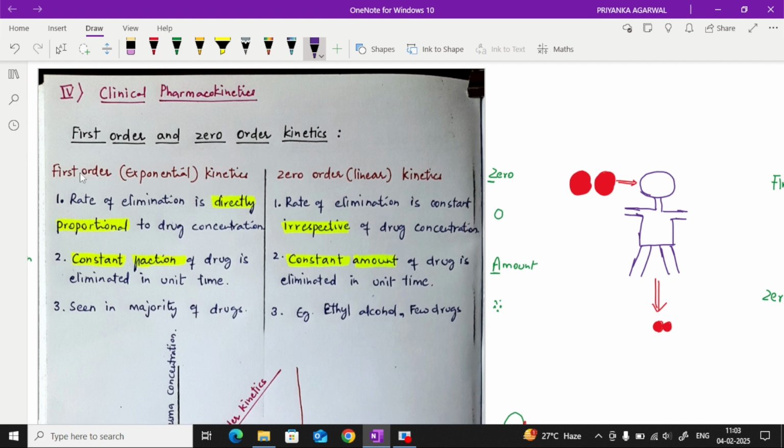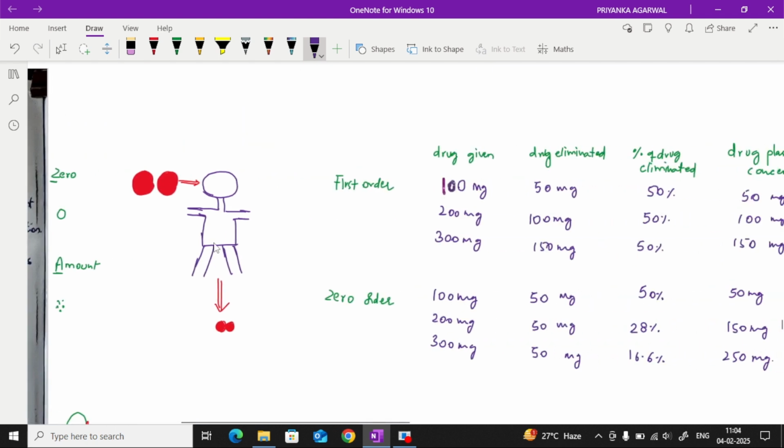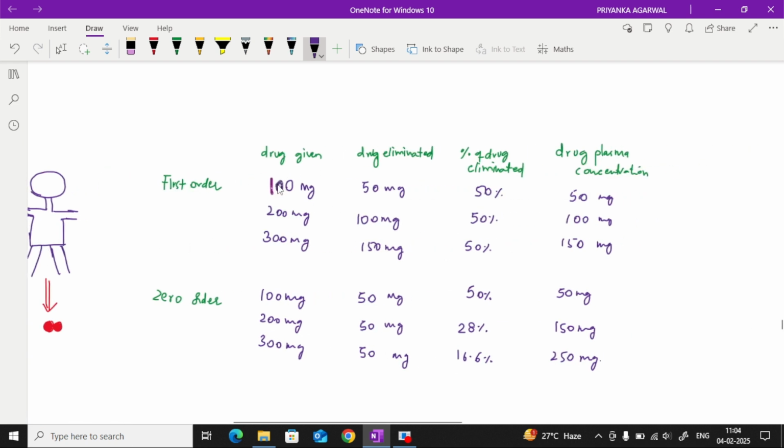First order kinetics is also called exponential kinetics. Zero order kinetics is also called linear kinetics. In first order kinetics, the rate of elimination is directly proportional to drug concentration. Let's understand this first statement with these numbers. Imagine you are giving the drug as 100 milligrams and increasing it to 200 and 300.